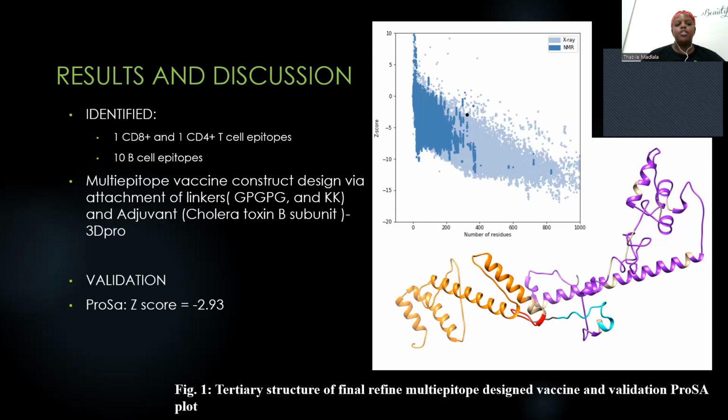The quality of our designed tertiary structure was validated using ProSA, where a z-score of -2.93 was observed, indicating an overall good quality of our designed vaccine.